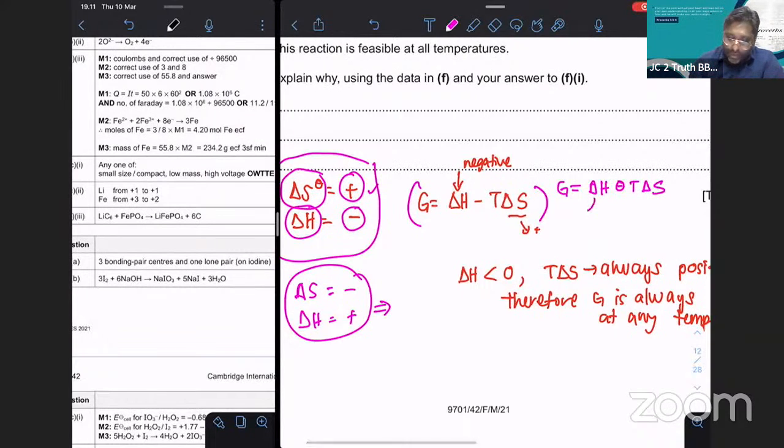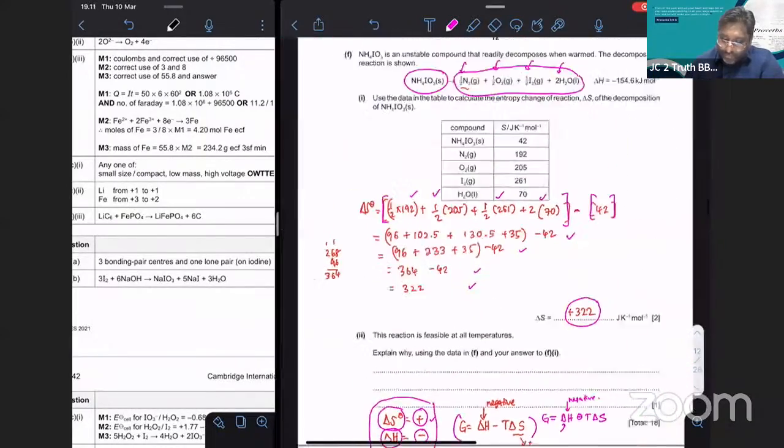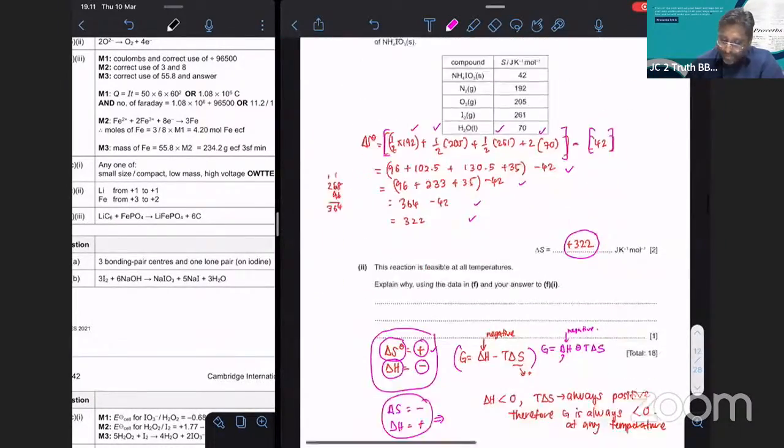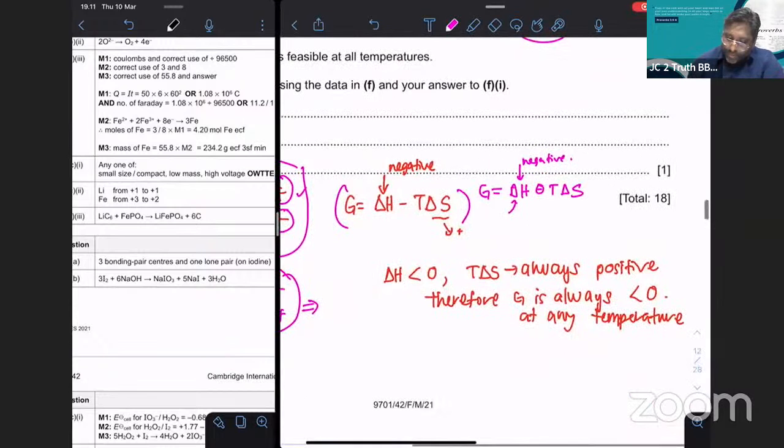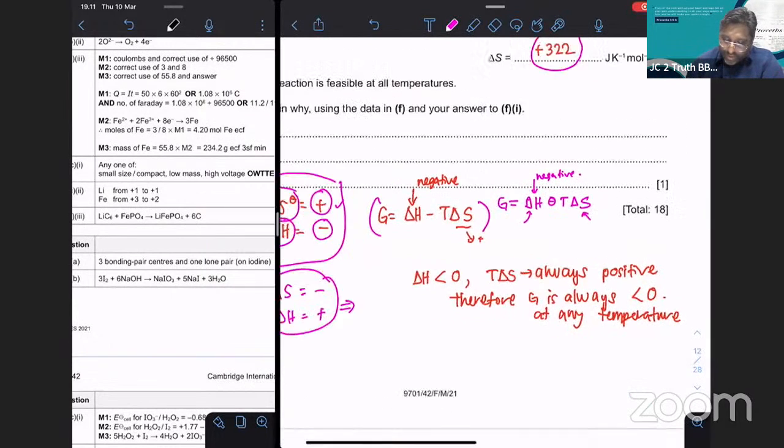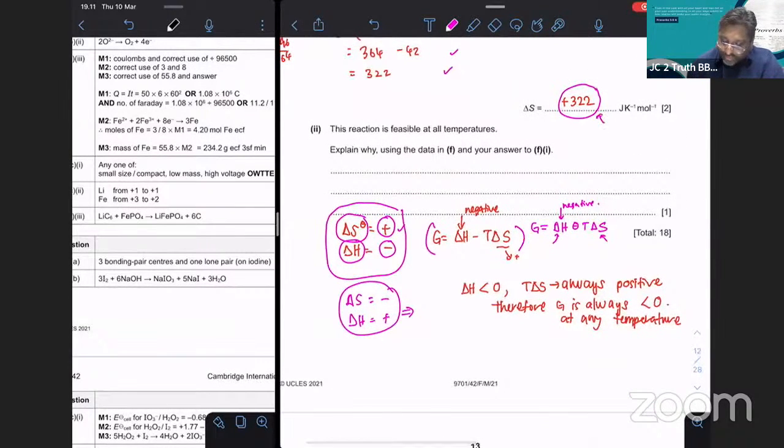So here, we know this is always going to be negative, always negative. Why? Because it's given to us. And we have calculated the other one is positive.